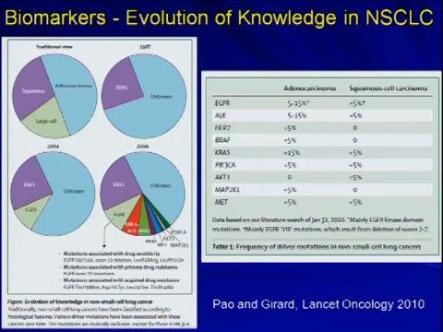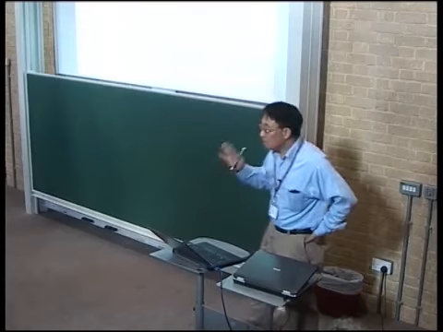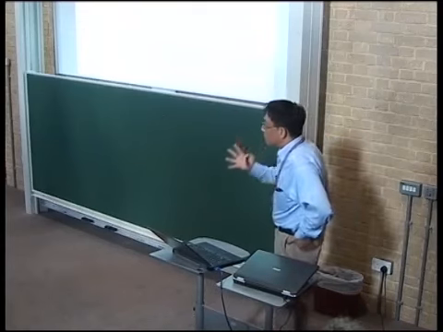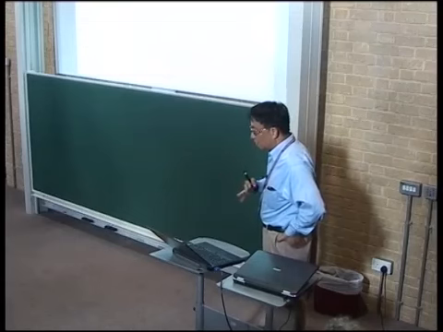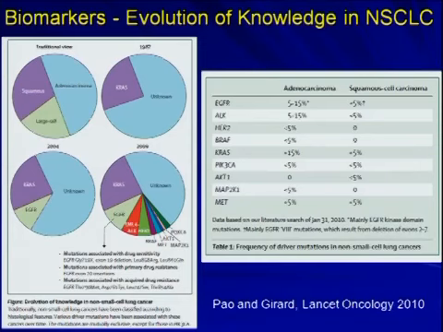Okay. So we need to do different things in drug development, but in the last 2 decades, biomarkers have come to the rescue. I use the example of non-small cell lung cancer. Traditionally, this is the view of non-small cell lung cancer.